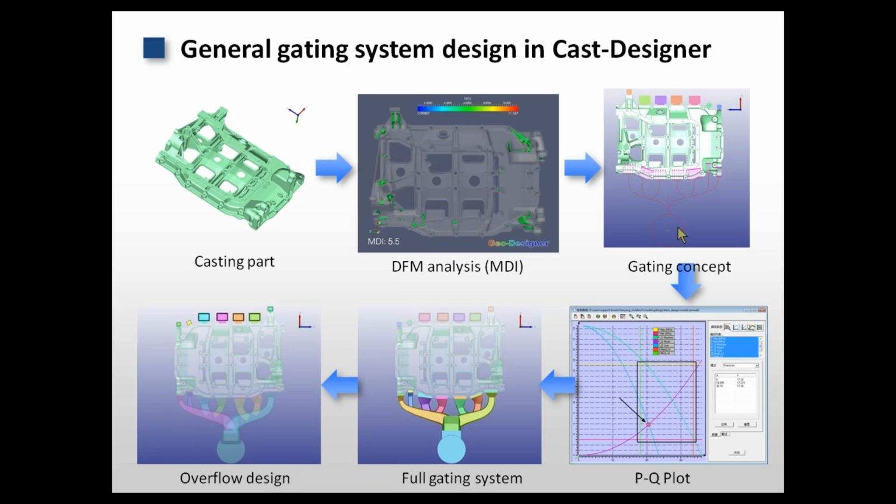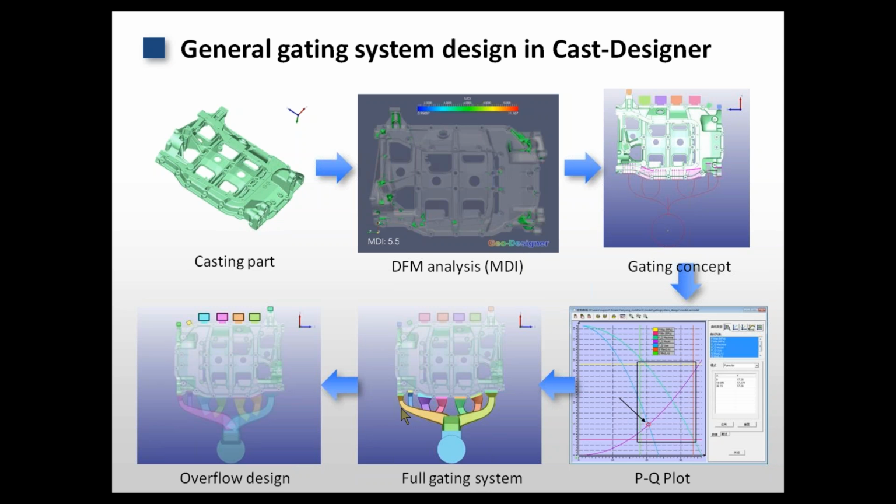You draw some lines and find out if this works for the product. After that, you could build a gating system and check the PQ2 diagram. When you select the machine, you will see if the PQ2 diagram is proper for the manufacturing process. If it is not, then you change the machine and check again. And then we could finish the whole gating system.